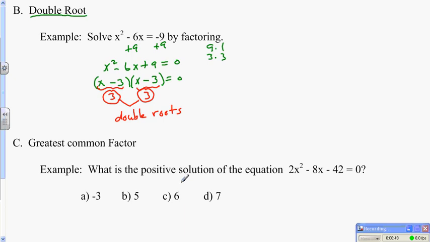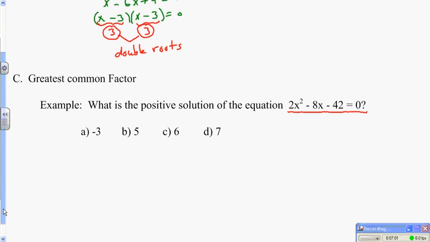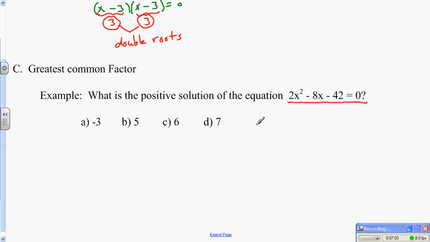Now what is the positive solution of the equation 2x squared minus 8x minus 42 equals 0? Thus far we've solved and we haven't cared about what kind of answer we've gotten. But sometimes they have a question like this where they say, what's the positive solution? So they're just being more picky.